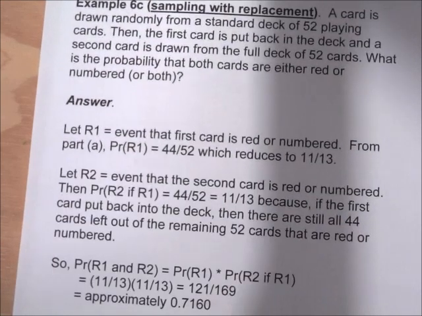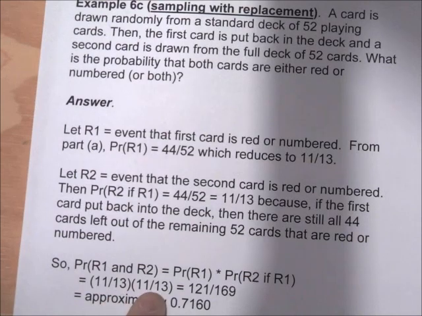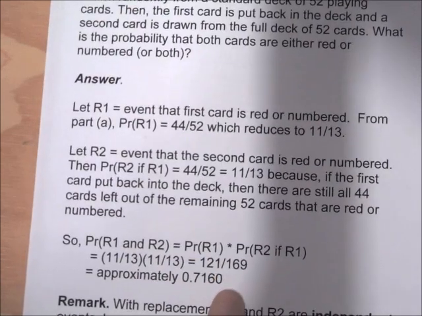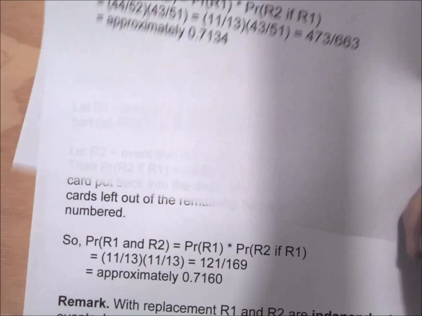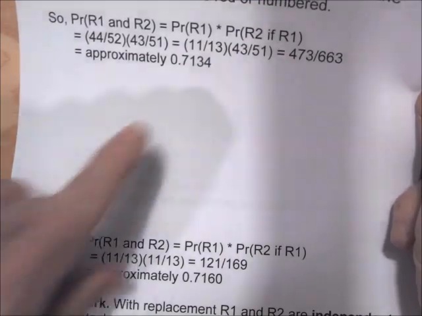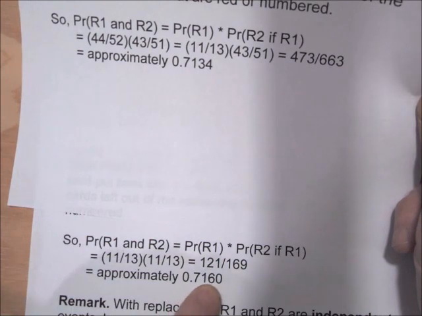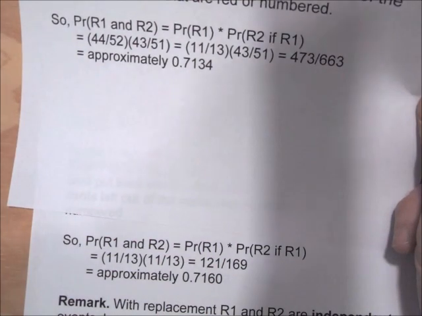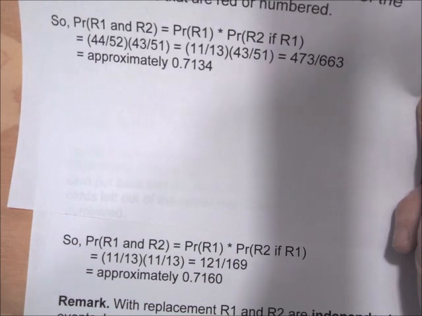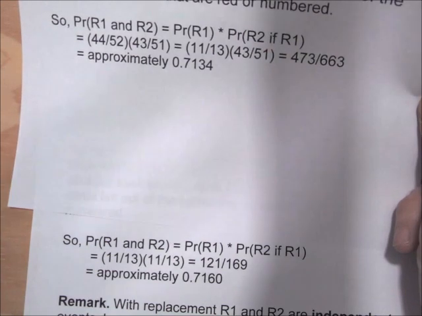And if we multiply those together, 11 out of 13 times 11 out of 13, 121 out of 169, as a decimal of 0.7160. So there's not a big difference. Without replacement, we got 0.7134. With replacement, 0.7160. And that's because our sample size is small compared to the population. We have a sample of 2 from a population of 52.